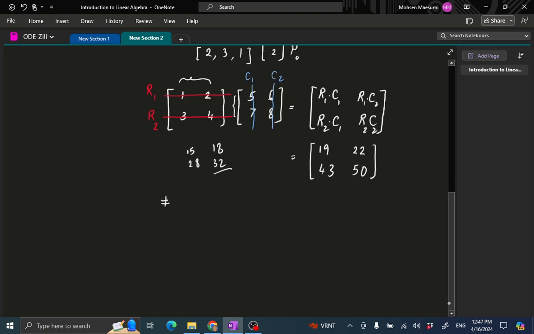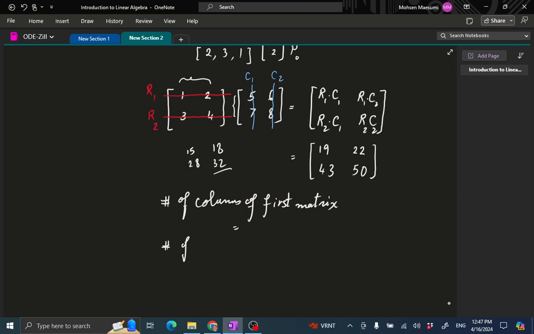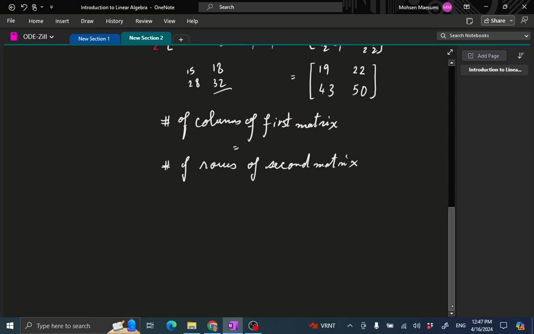So the number of columns of the first matrix should be equal to the number of rows of the second matrix for you to be able to carry out the multiplication.